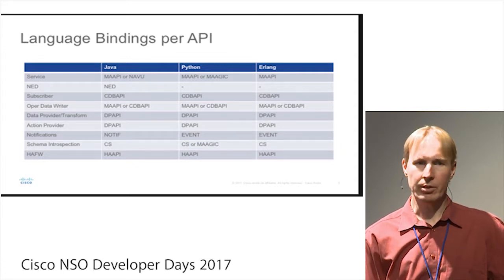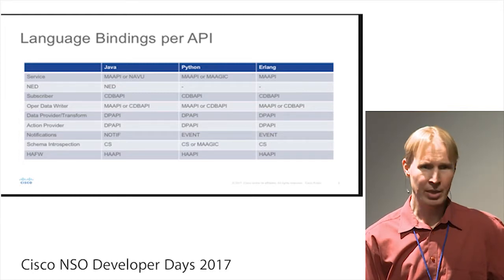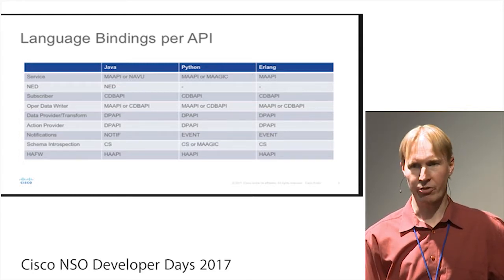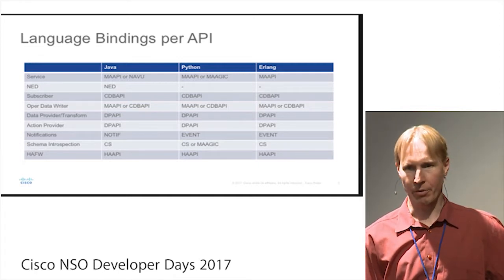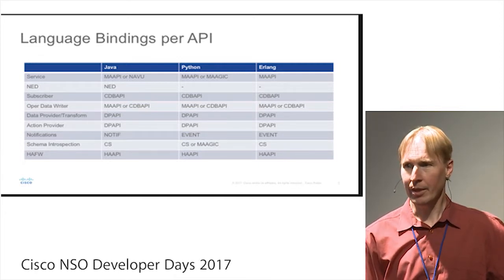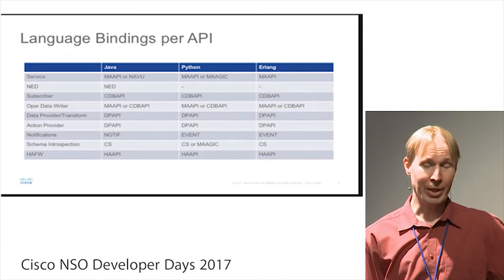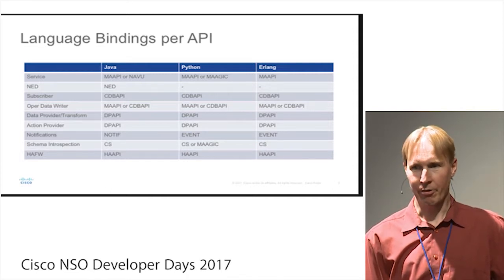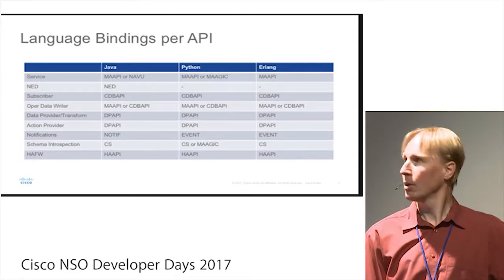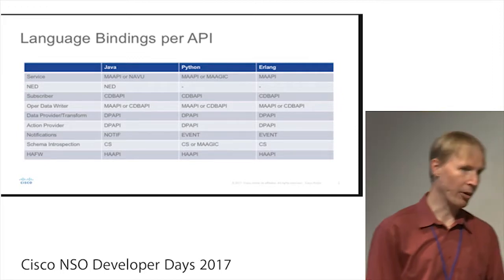And Java is great for people that have a computer science background maybe, but less so for network engineering background. And we are talking about DevOps all the time, so in there, Python plays an important role. For somebody who hasn't been trained on Java already, Python is always easier. It's a lot easier than Java. I recommend Python to everyone that would like to learn how to use NSO.